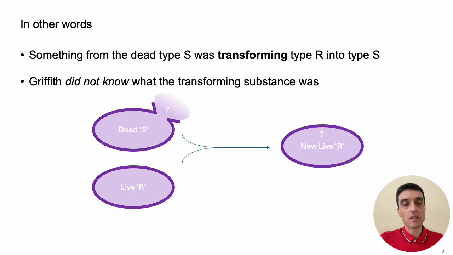So, in other words, the dead smooth bacteria was transforming a live rough bacteria into a new live smooth bacteria, because now they would have the polysaccharide capsule around. As I said, Griffith did not know what was transforming this bacteria, but he knew that it was transforming the bacteria.